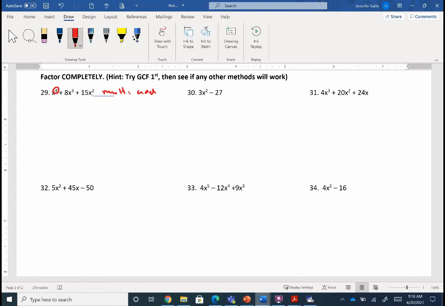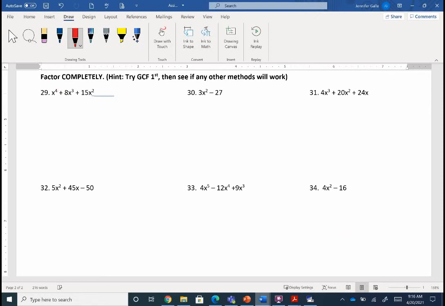Quadratic means my highest exponent is 2. So if you have an exponent that's higher than 2, you don't have a quadratic trinomial. You can't do our, hey, multiply this to get the last number, add this to get the middle number thing. It doesn't work if your highest exponent is something other than 2.